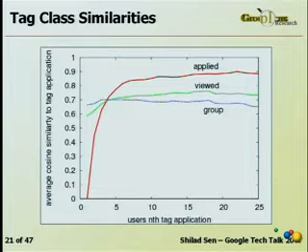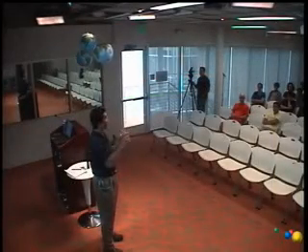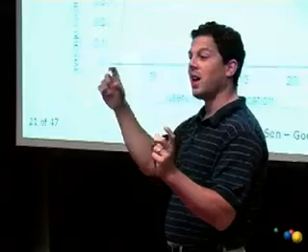The light green line is the similarity of a user's nth tag to the tags the user has seen in the past. So this is a pretty interesting difference here. It shows us that the tags a user creates are more similar to the tags they have viewed than the tags in the community as a whole.